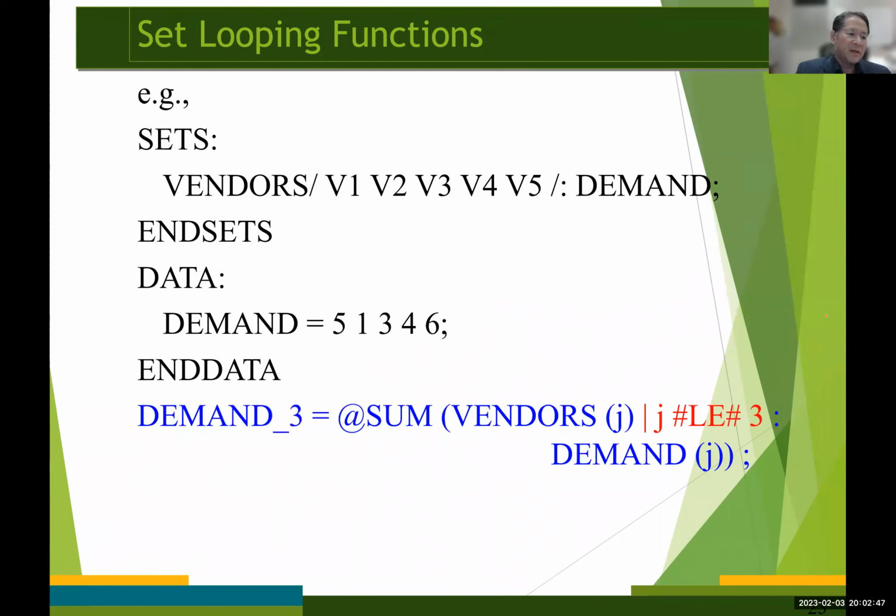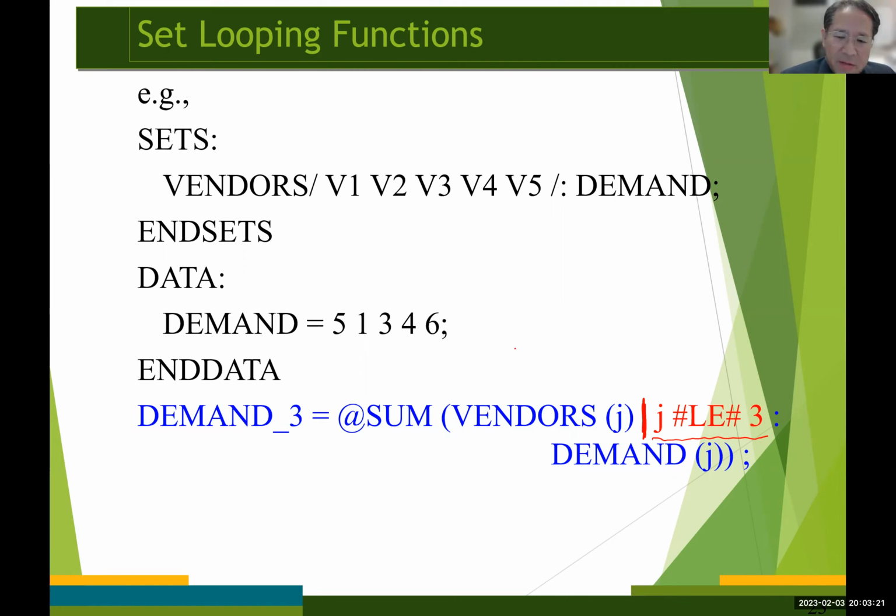Okay, so next, suppose we want to sum the first 3 elements of the attribute demand. Then what you need to do is use the conditional qualifier on the set index, right? Like this. We just need to add J less than or equal to 3 after the vertical bar, right? We specify this.